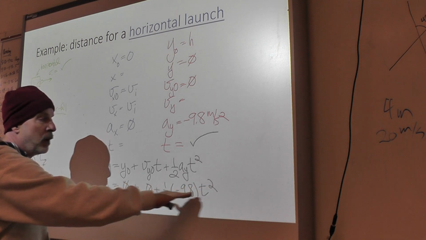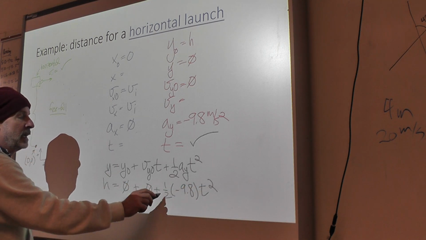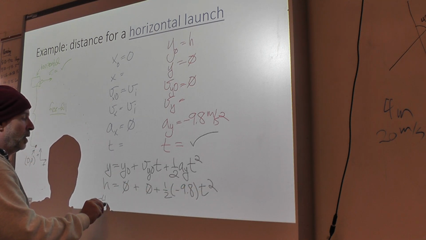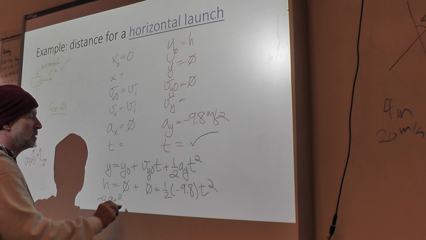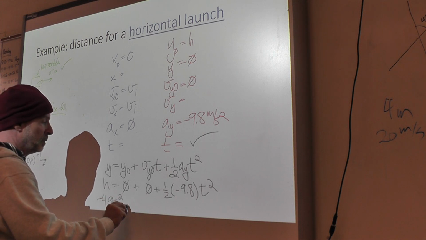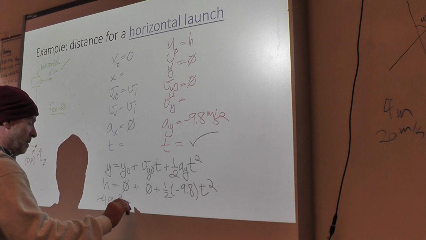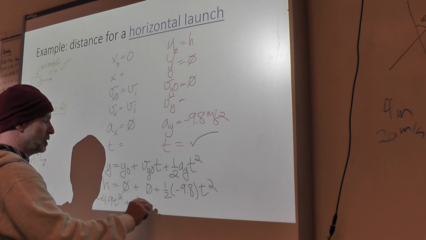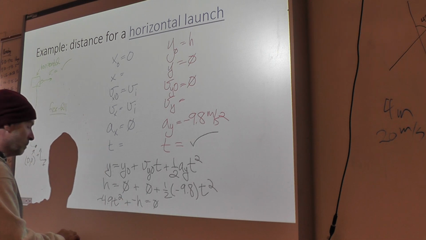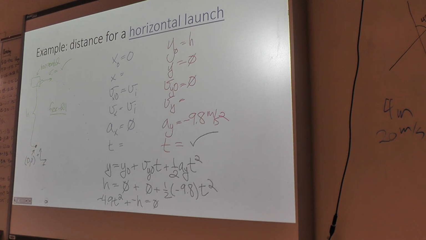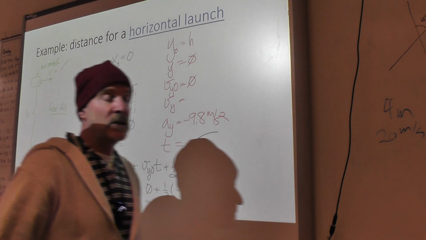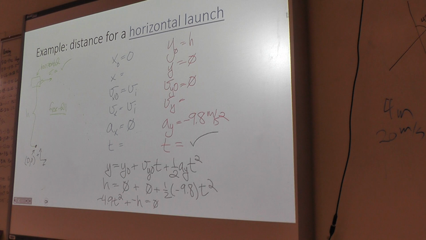If we put this into quadratic formula language, what we're going to get is negative 4.9 t squared plus negative h equals 0. Okay? And so if we put that into the quadratic formula, our a would be negative 4.9, our b would be 0, and our c would be negative h.